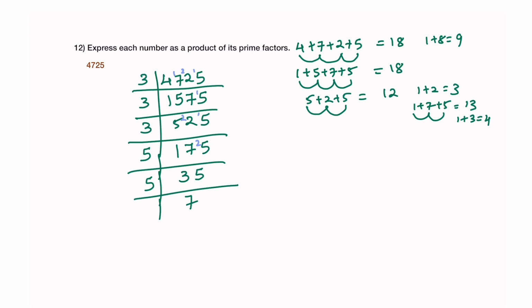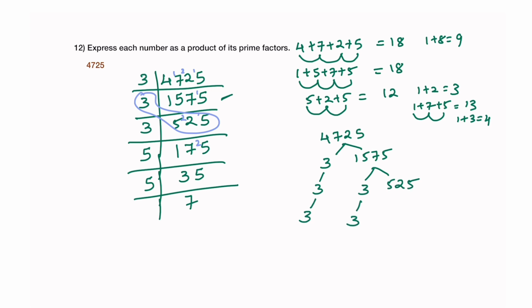So if you want to write this out, 4725. That's 3 times 1575, right? So this is what we wrote. So 3 remains as it is. And then this is the combination that you will take next, right? So this becomes 3 times 525. 3 as it is, this 3 as it is.